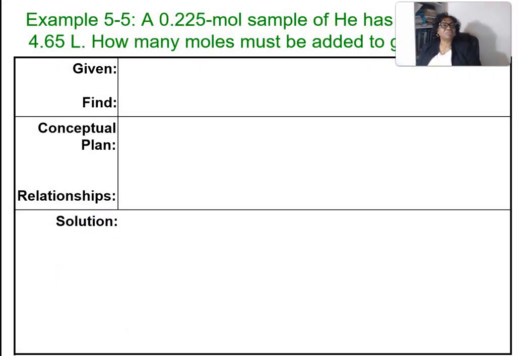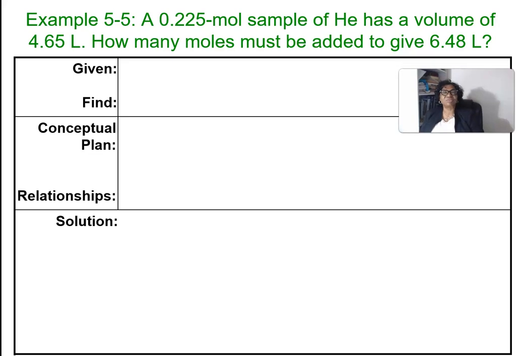So let's try some examples of Avogadro's law. A 0.225 mole sample of helium has a volume of 4.65 liters. How many moles must be added to give 6.48 liters?